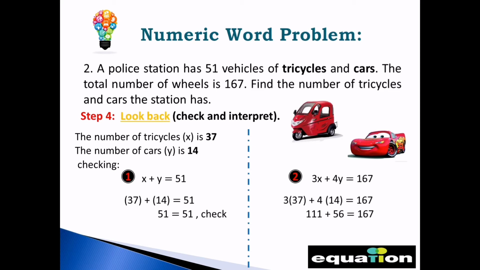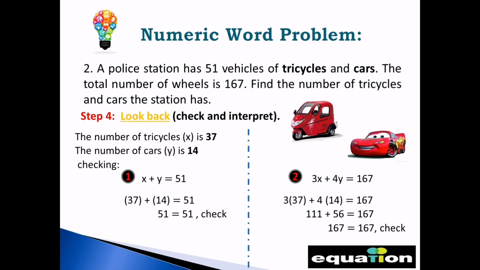Simplify everything. So 51 equals 51. Check that the number of vehicles satisfies the given equation. Then let us further do the simplification, and it turns out that they are the same. So this is how we solve the second problem.